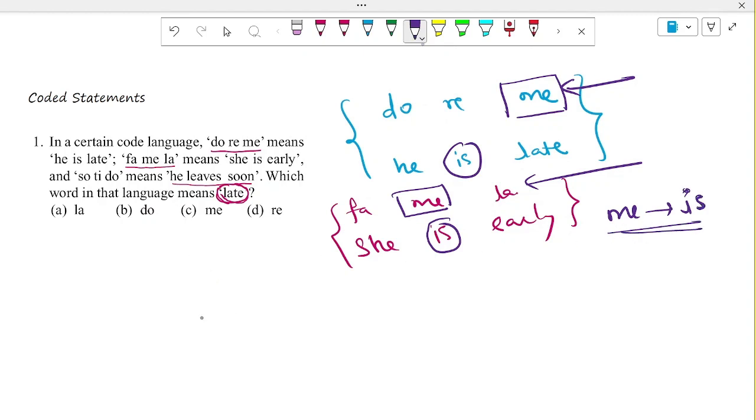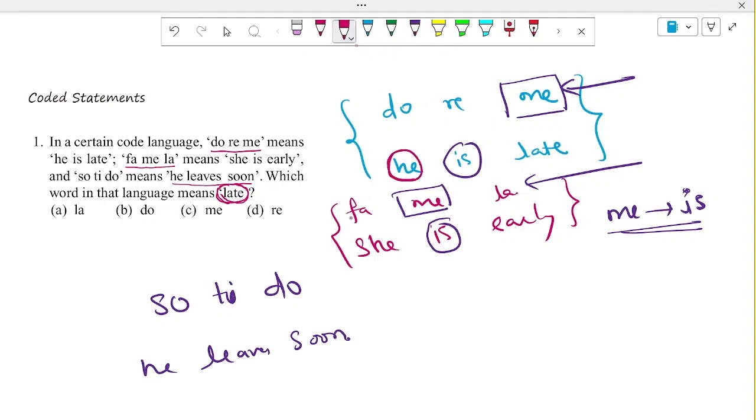Then after that, you need to identify ti do. So ti do, he leaves soon. You see, in this question we have got he, and here also we have got he. So what is the common code used here? It is do and do. So he is what?